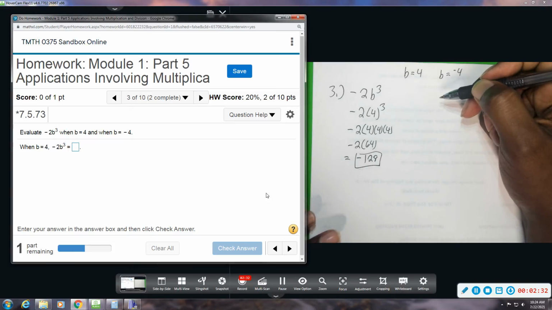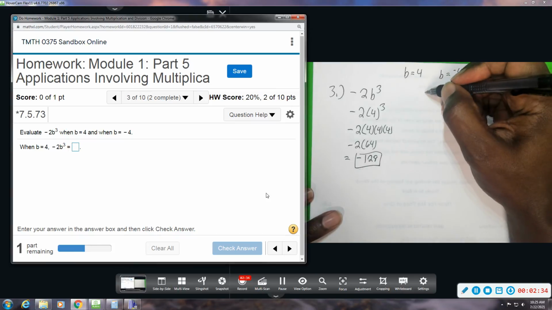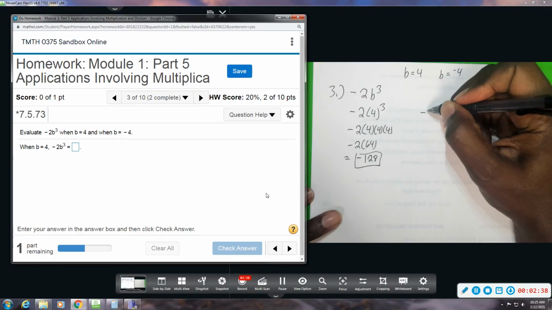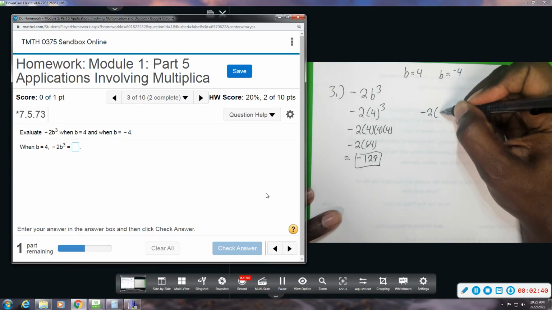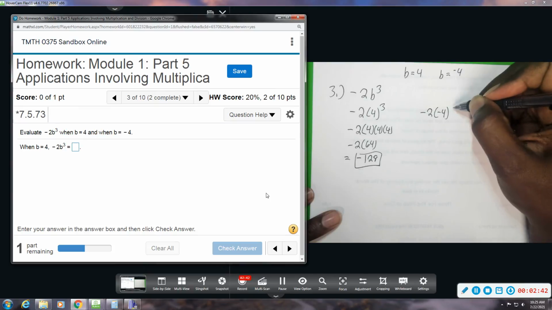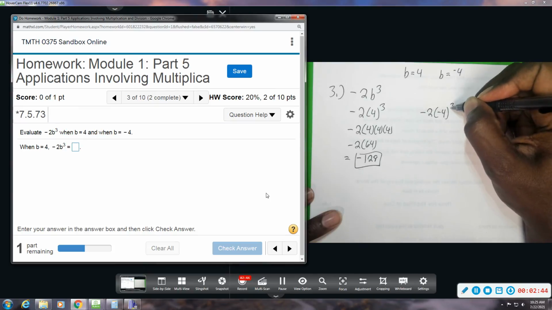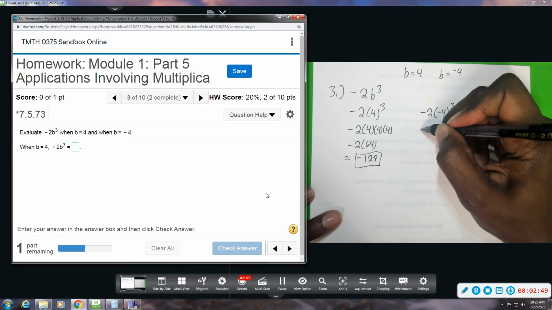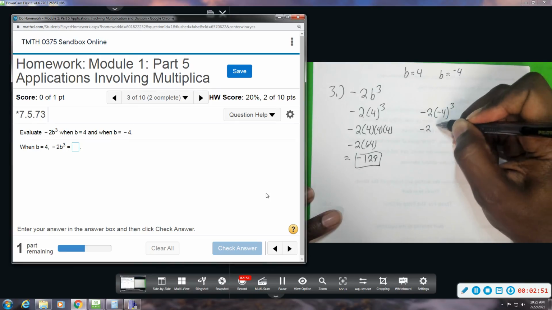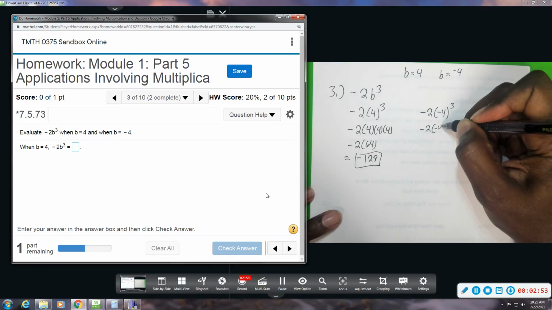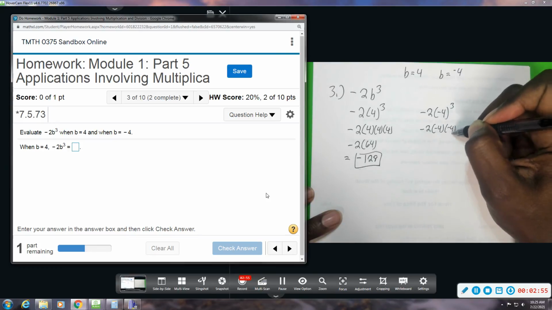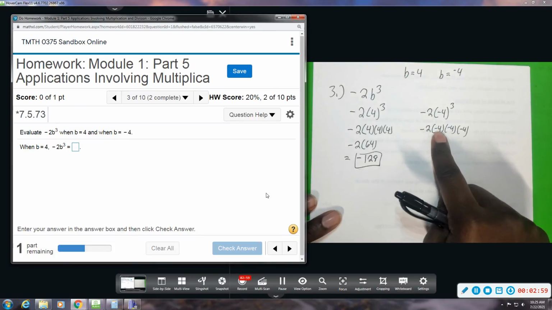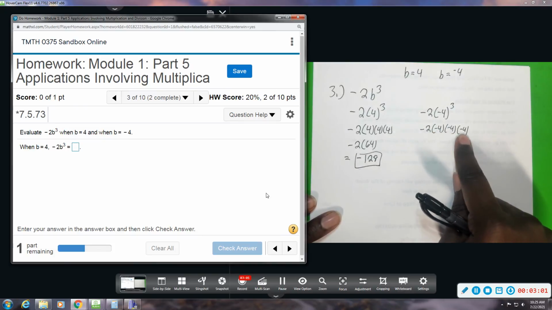And then I'm going to do this with negative 4. So negative 2, we're going to replace it with a negative 4, and then the cubed up here. So here we'll write down negative 2, and then we'll have negative 4 three times: negative 4, negative 4, negative 4. All right, so remember, negative times a negative is a positive, and then negative times a negative is a positive.